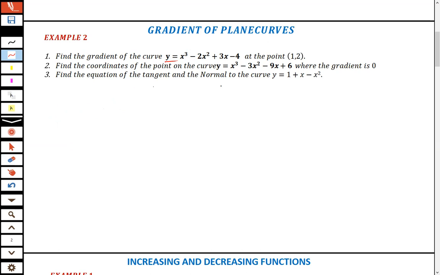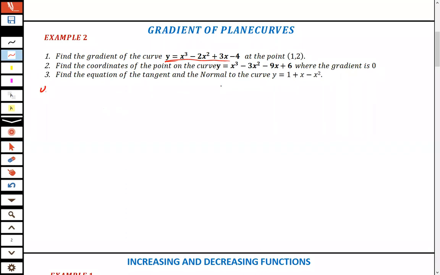If you have a function like the one we've been given here, and you've been taught to differentiate it, or rather to find the gradient of it, in other words they're simply asking you to find dy dx.